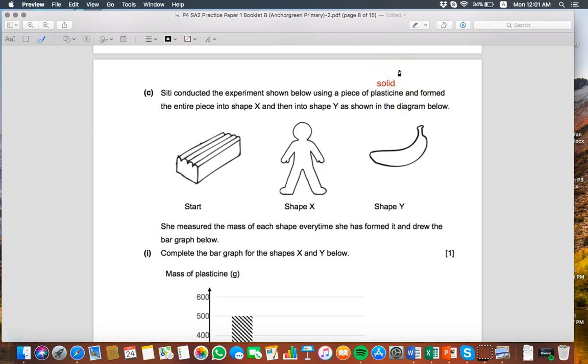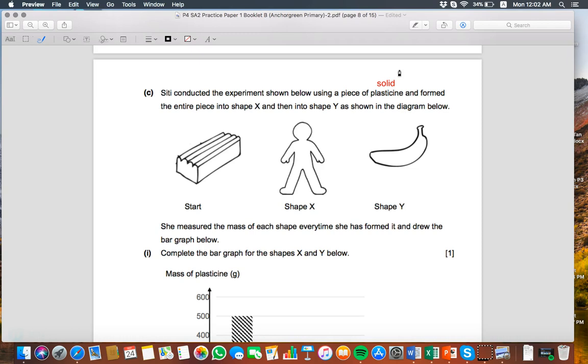So what properties of solid can you recall? Solid has a definite volume. Solid has a definite shape. Solid cannot be compressed. Now, when you say solid has a definite shape, it means that I leave the solid there untouched and the shape will not change.